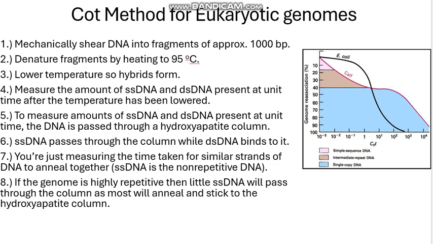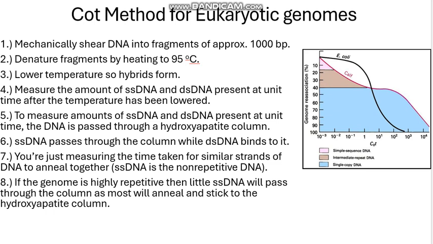To measure the amounts of single-stranded DNA and double-stranded DNA present at unit time, the DNA is passed through what we call a hydroxyapatite column, which, if you've ever done DNA extraction, just think of it kind of like a spin column.